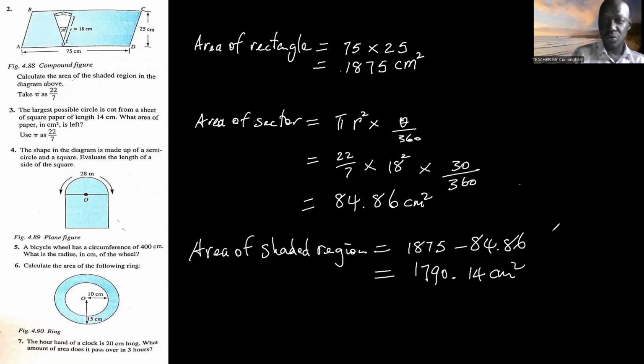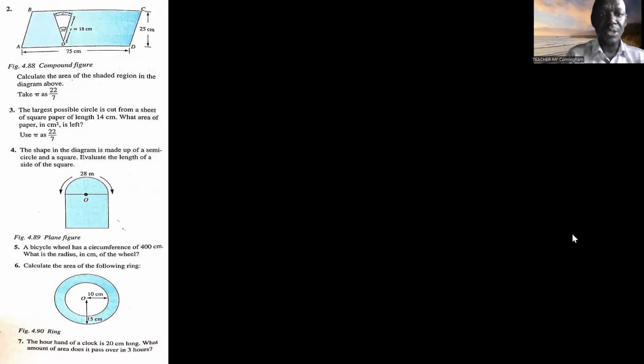Question 4. It says the shape in the diagram is made up of a semicircle and a square. Evaluate the length of the side of the square. Oh, what an interesting question.